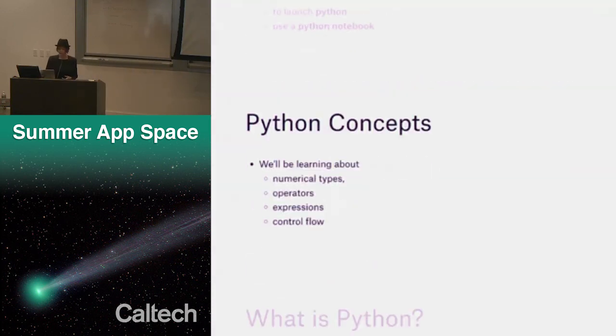So we'll also be learning about numerical types, operators, expressions, and control flow. If you've done any computer programming before, you might have heard of some of these concepts. We're going to illustrate them using Python, so even if you know it in another language, it's good to learn Python because we're going to be using it in the course itself.